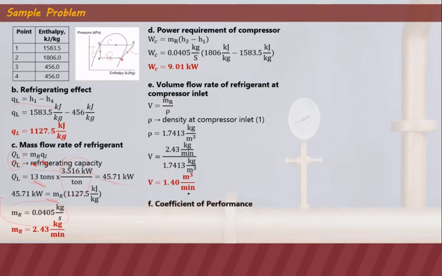Next one is the coefficient of performance. Again, the coefficient of performance tells us how efficient your refrigeration system is. That can be computed using the formula QL over the work of the compressor, or the refrigerating effect or refrigerating capacity divided by the work of the compressor or the power in the compressor.